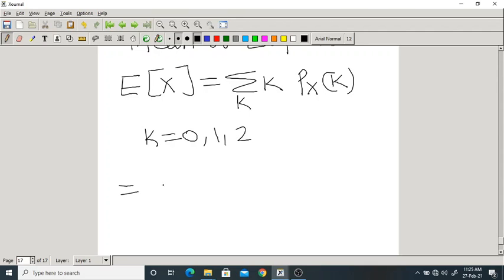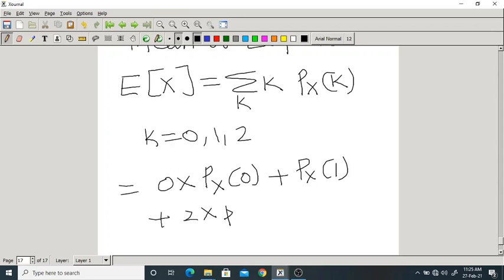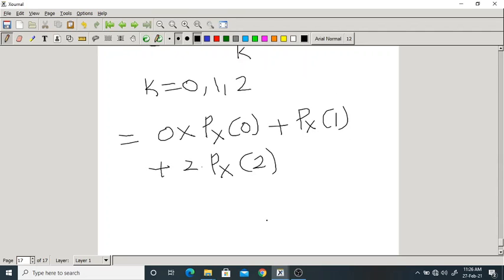Now expand this. 0 into Px of 0, plus k equal to 1 means Px of 1, plus 2 into Px of 2. This is 0 anyway. Now simply we get Px of 1 plus 2 times Px of 2.